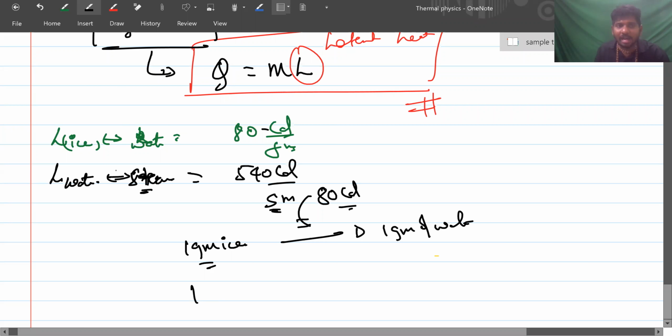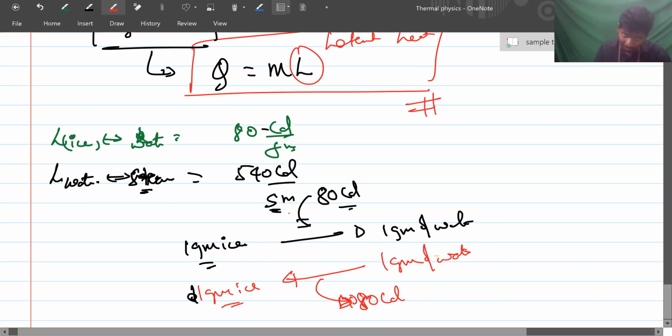Suppose I have to convert 1 gram of water to 1 gram of ice, then I have to take 80 calories of energy from it. Got it? Can you repeat the statement once again, sir? Here 1 gram of ice, if it has to be converted into 1 gram of water, you need to give 80 calories. Okay. That is latent heat of fusion.